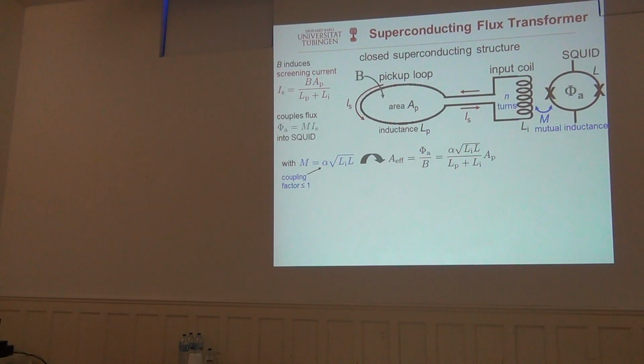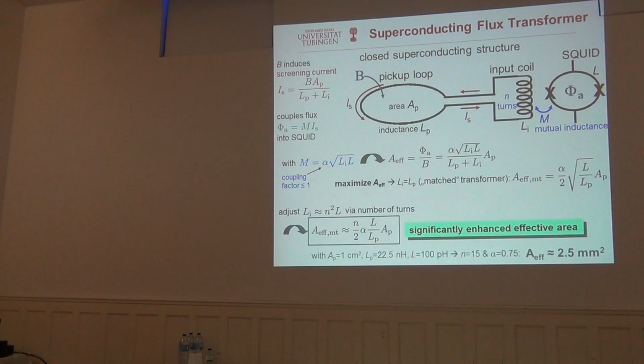You get this expression, then you can show that you can maximize the effective area by properly adjusting the input coil inductance here. You can make a so-called matched transformer. You choose the number of windings here so that the input coil inductance matches the pickup loop inductance of this large loop. This gives you some simplified expression here.